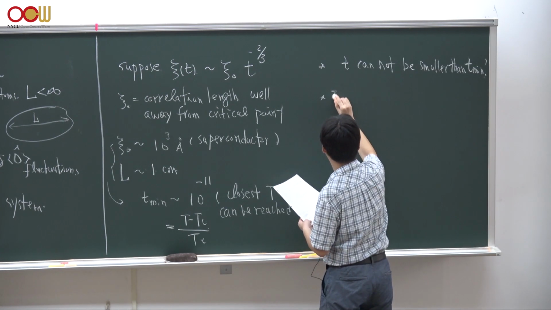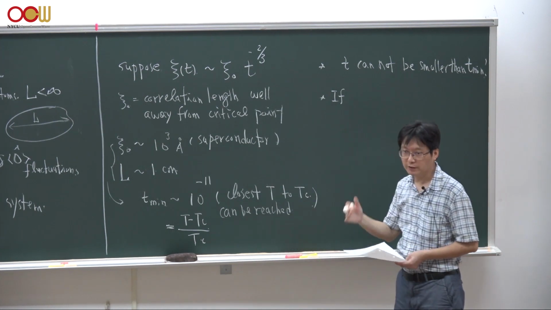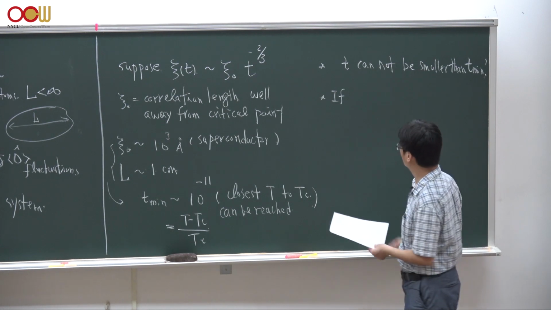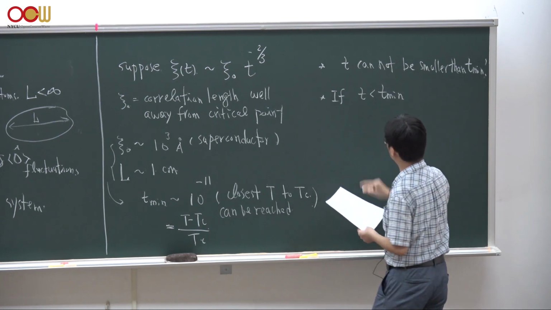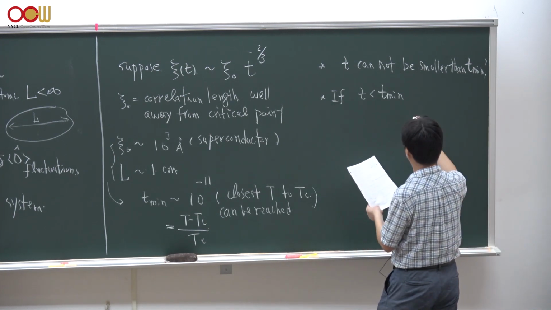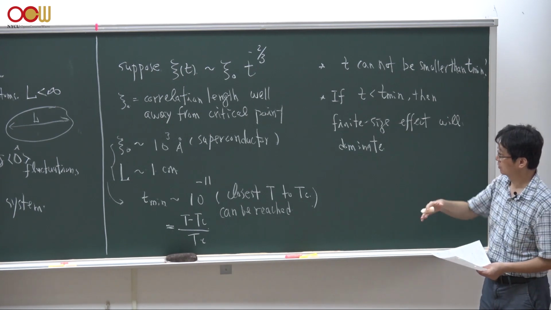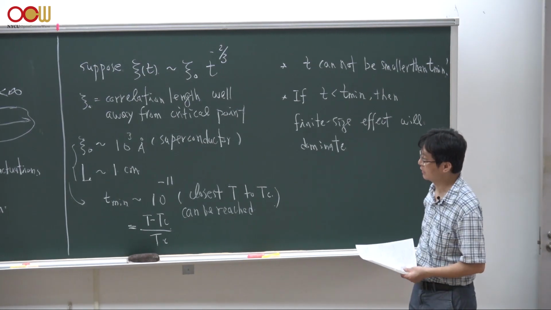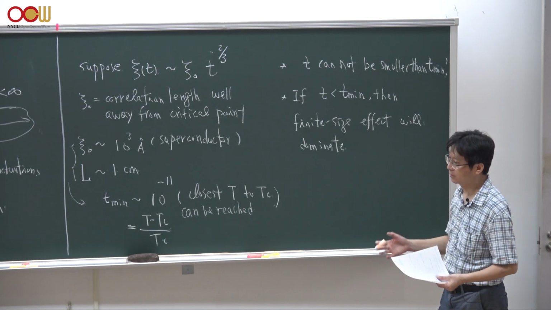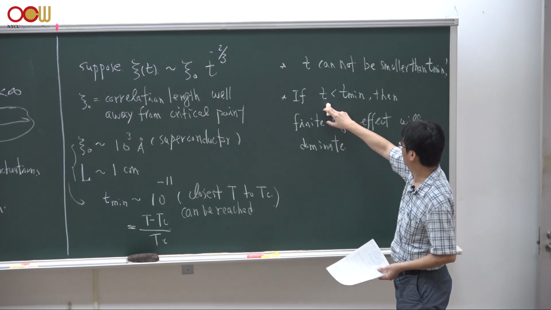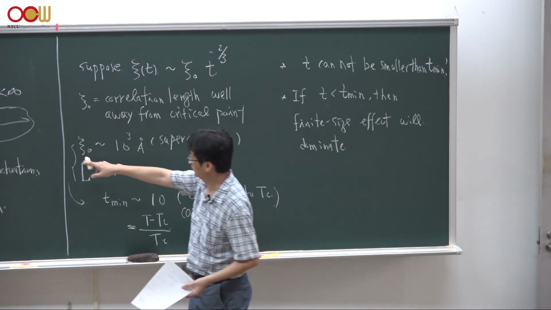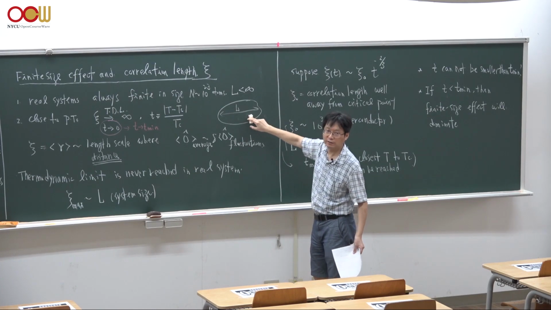But suppose that experimentally we could manage to lower the temperature even below little t_min, what happens? If little t is actually less than t_min, then the finite size effect will dominate. In other words, this continuous phase transition, or the scaling behavior, is going to smear out and not be very clearly seen once your temperature is lower than t_min, because that is where the correlation length reaches the system size, which is a finite value.